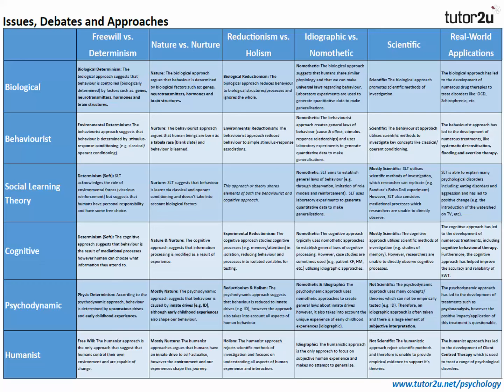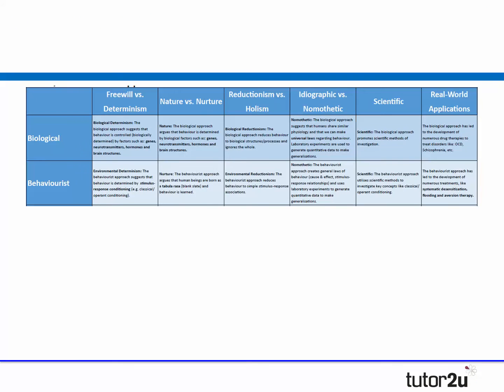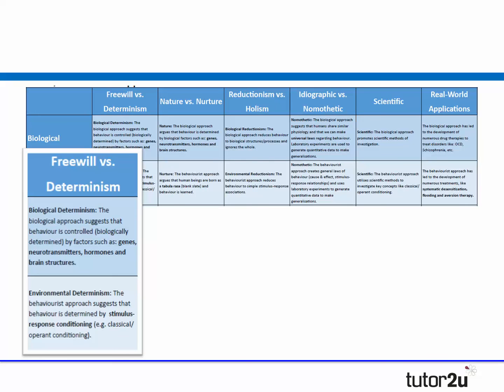Now, you're probably thinking I should have gone to Specsavers, so I'm going to zoom in for you. And let's just take a look at a couple of these, just to illustrate what I mean. So let's just take the first two, biological and behaviourist, those two rows. And you'll see here that free will versus determinism. What I've done is I've put in bold the key terminology. So obviously for the biological approach, they believe in a biological determinism point of view.